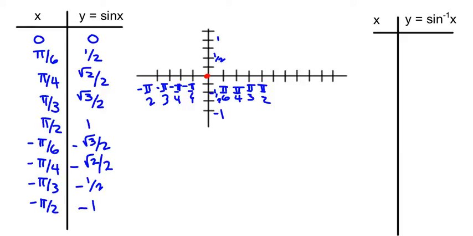So 0, 0. Over pi over 6, up 1/2. Over pi over 4, up square root of 2 over 2, so about there. Over pi over 3, up square root of 3 over 2. And then the same thing here, negative pi over 6.